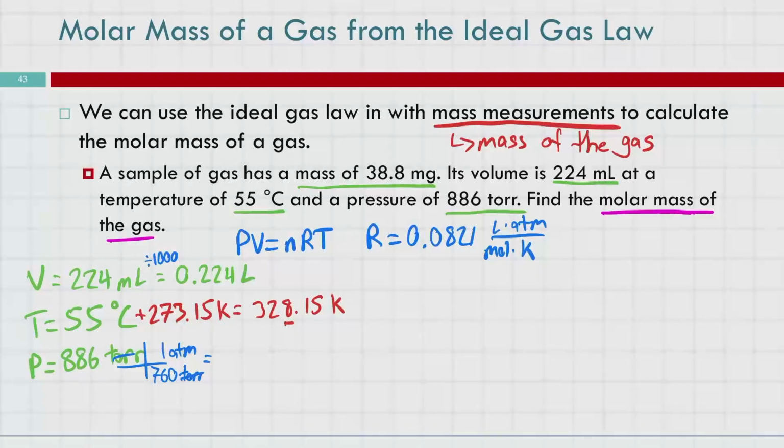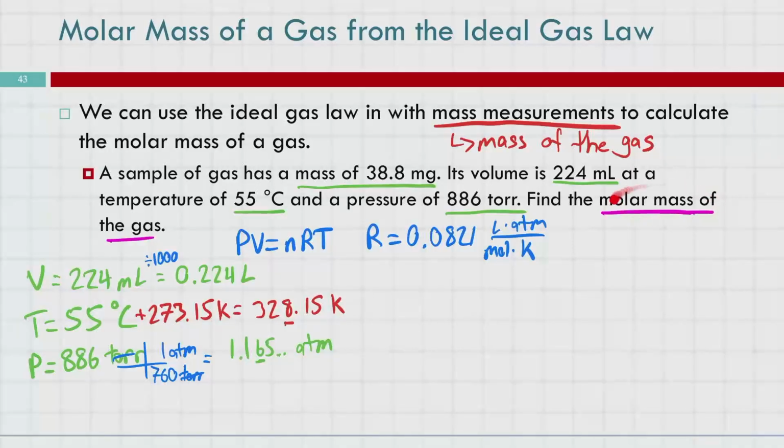We could look that up on a table. I'll give you the pressure units. I don't expect you to have all of them memorized, but this would be a good one to have memorized. So divide by 760, and our new pressure, 1.165 atmospheres.